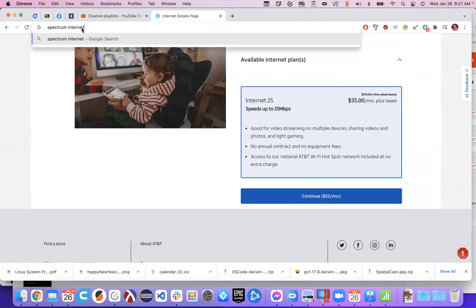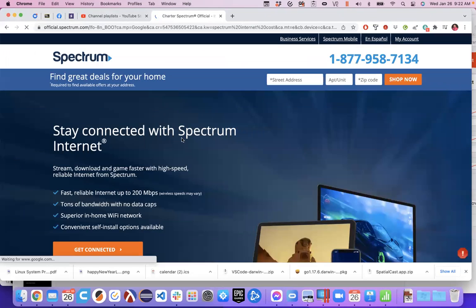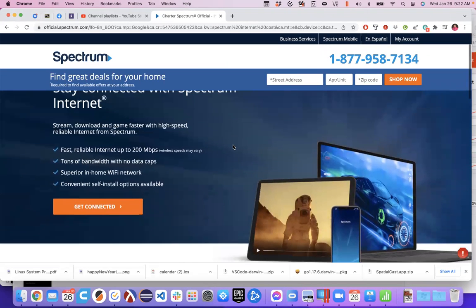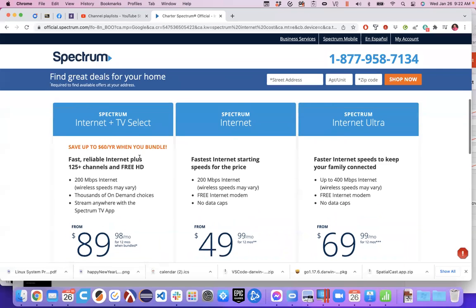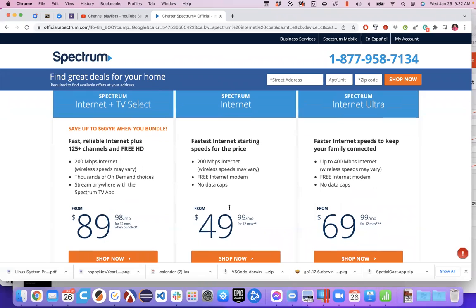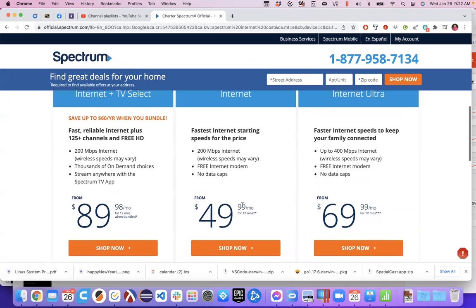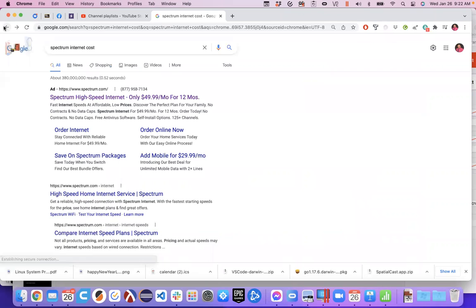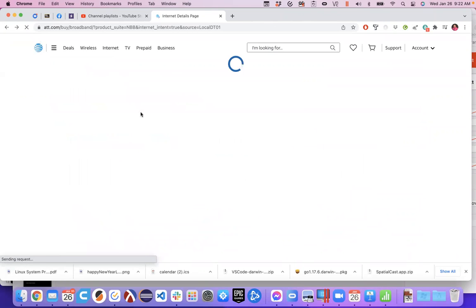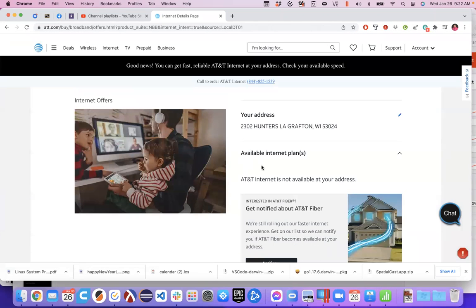Spectrum internet cost, 200 megabits per second. This comes with TV. Here's just the internet, $50. And it probably goes up a little bit. It probably has like an introductory, whatever, but let's call them similarly priced. So I get 8 times the speed using Spectrum cable modem than I would with AT&T.